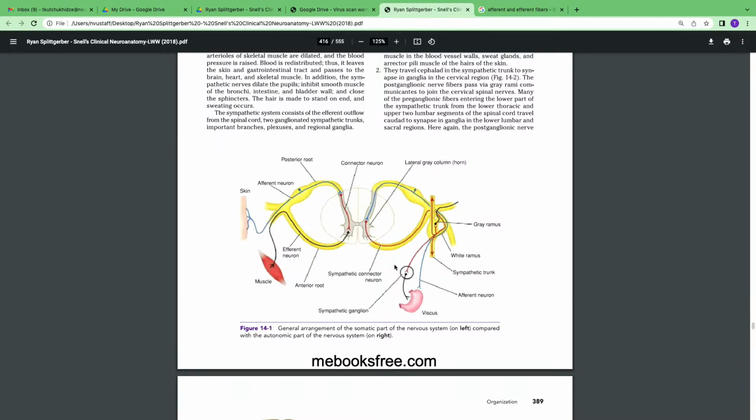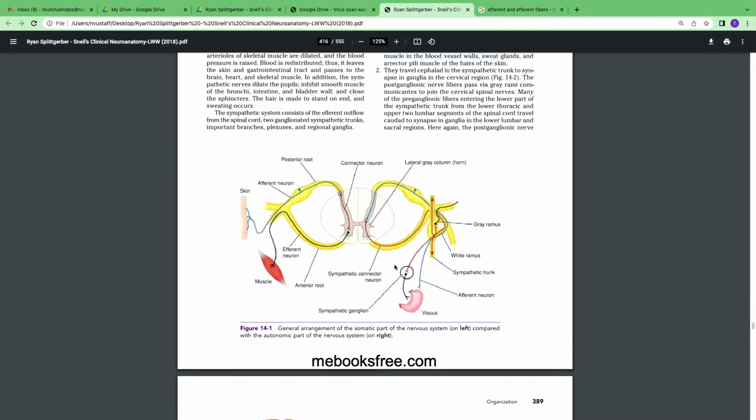The control of our autonomic nervous system is really rapid, and it is also widespread, and it takes several seconds to spread the impulses. Also, our preganglionic axon is merging with the postganglionic neuron in the ganglion.